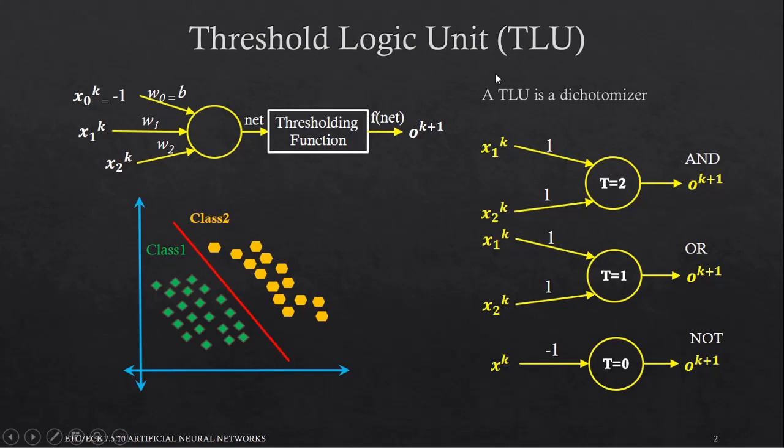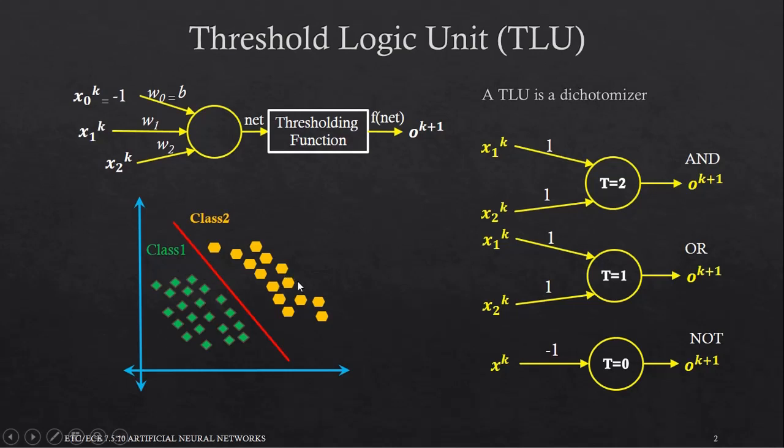We also know that a TLU therefore is a dichotomizer. A TLU basically generates a line that divides a pattern space into two pattern classes.